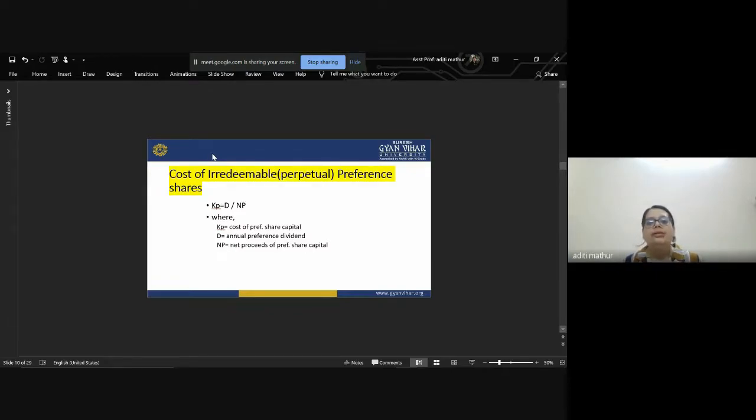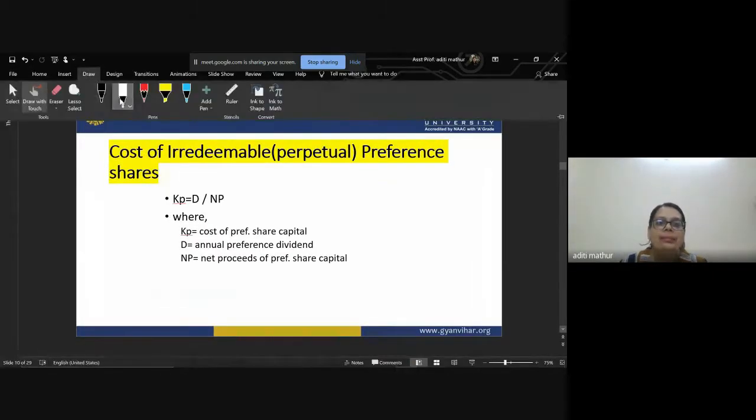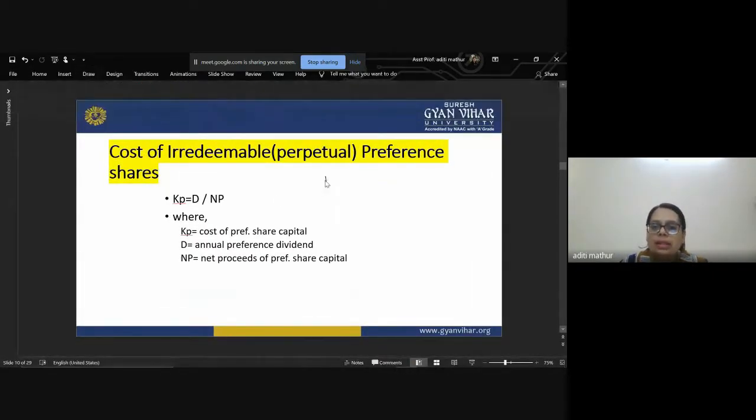So now let us study cost of irredeemable preference share. Irredeemable preference shares are also known as perpetual preference shares. The formula to calculate the KP is dividend per share divided by net proceeds into 100. The dividend per share we can easily calculate because it is generally given in fraction format.